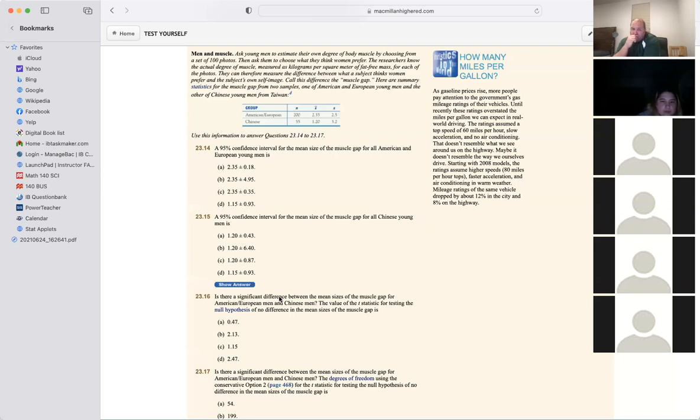I'm getting the average right now. Okay. Is it C? It is C. Yay.